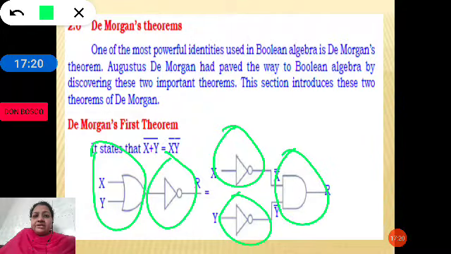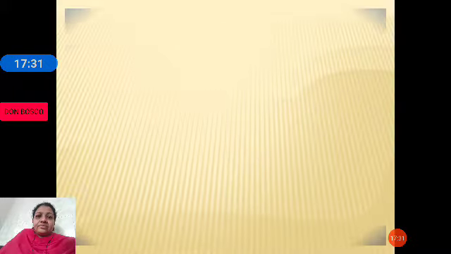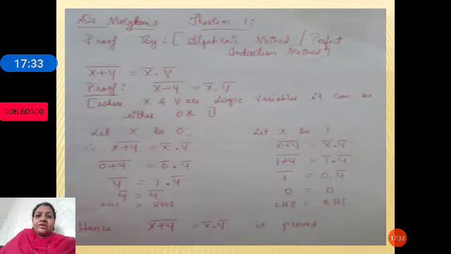So for AND there is x bar and y bar. So let's prove De Morgan's theorem 1.